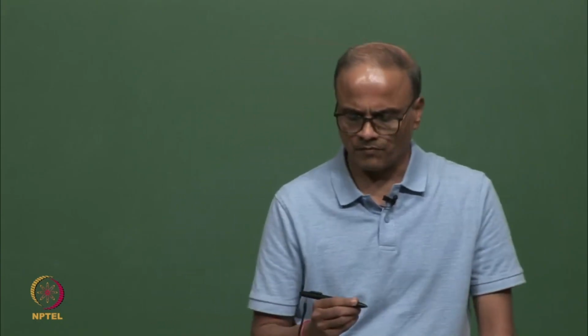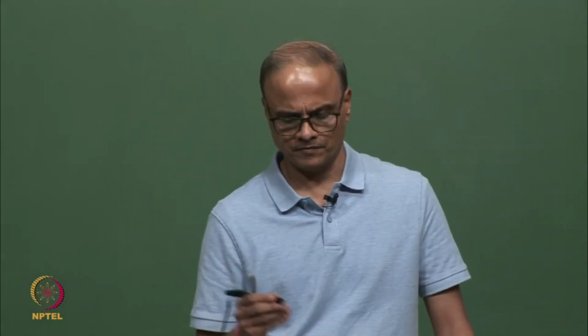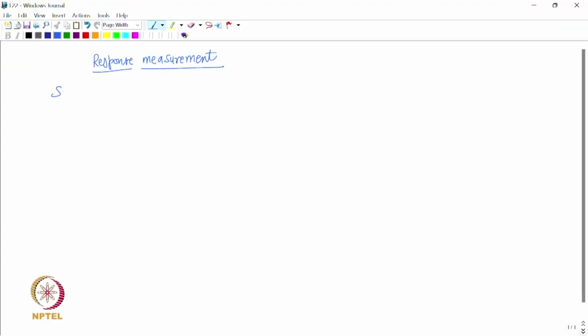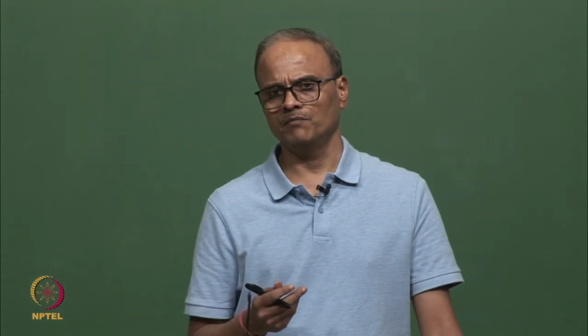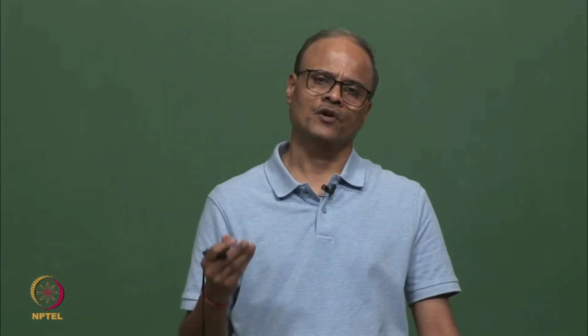So the first point we are going to talk about today is selection of response parameter. The response of a structure can be described in terms of displacement, velocity and acceleration, right.